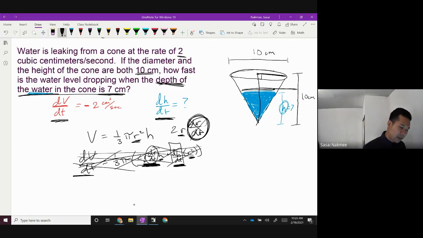You ready for this? The distance is going to be equal to the height in this cone, as long as it travels proportionately all the way down. So if the diameter is 10, that means the height is 10. If the diameter is 9, that means the height is 9. If the height is 7, that means the diameter is 7.